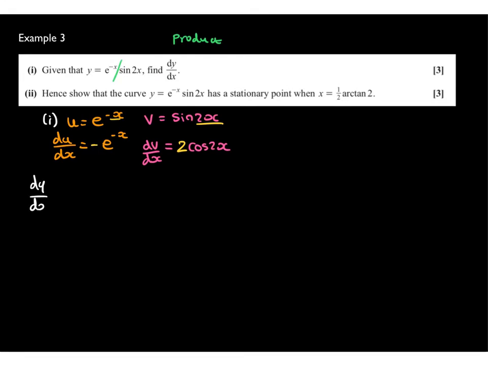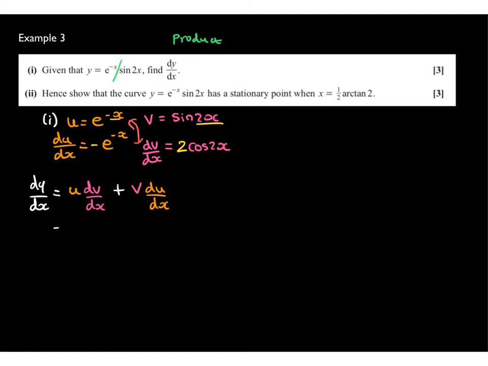So dy by dx is equal to u multiplied by dv by dx plus v multiplied by du by dx. So let's take these parts together. So u multiplied by dv by dx first of all.